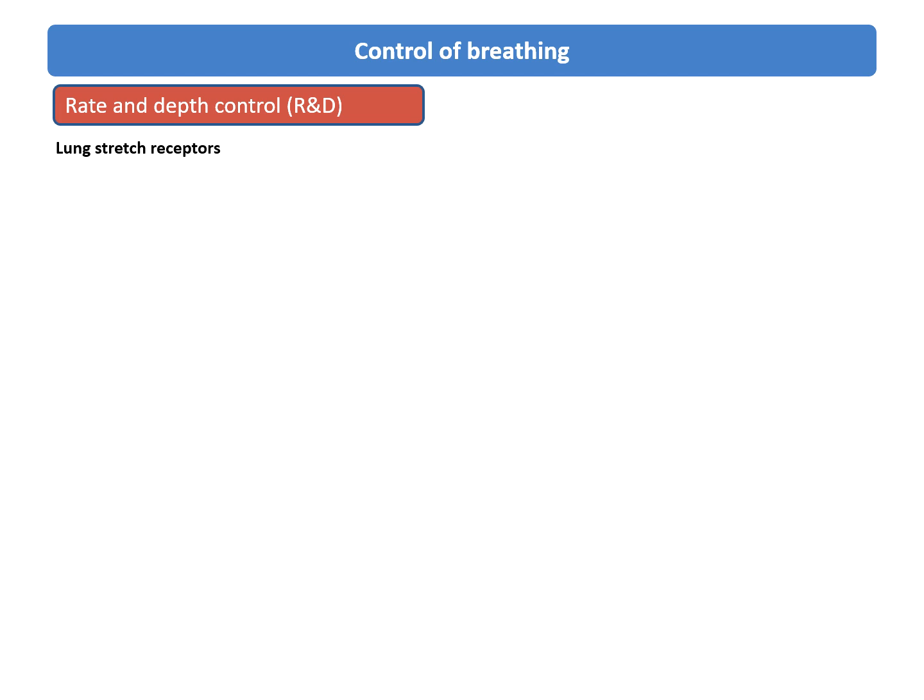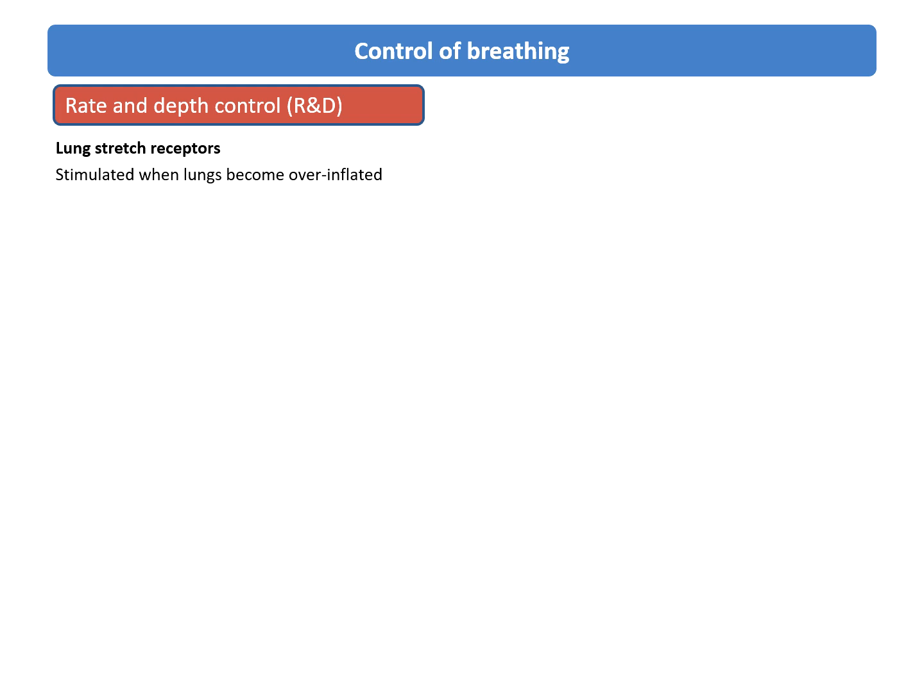There are a few other factors that influence rate and depth of breathing. For example, the lung has stretch receptors. These are stimulated when the lung becomes overinflated. At one time, it was thought they were important controllers of regular breathing. It was thought that a person inhales, receptors are stretched, that stimulates the expiratory center to exhale.